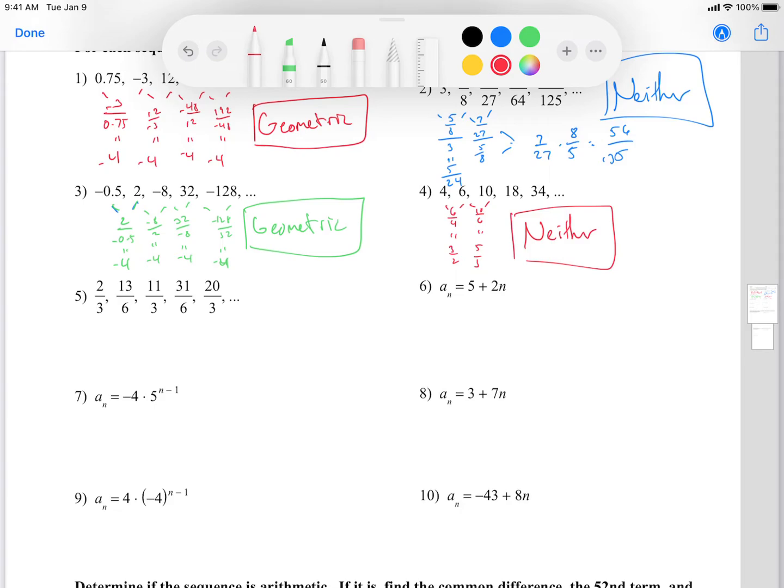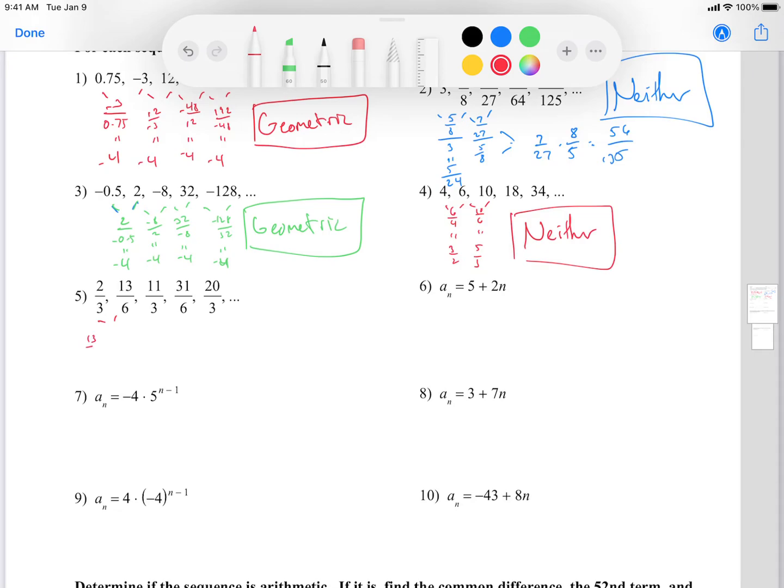What about number 5? Number 5, if I look at 2/3, it looks like it might be geometric just because the denominator shifts, but let's look at the common difference.